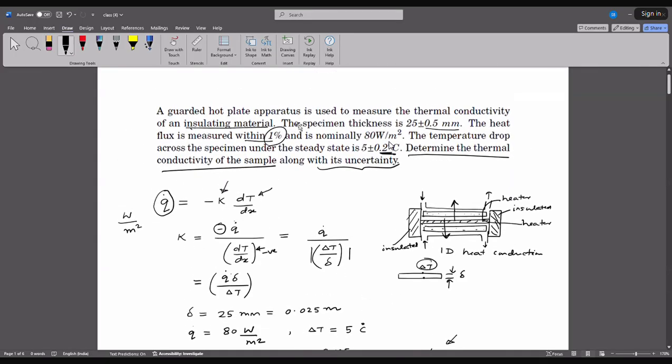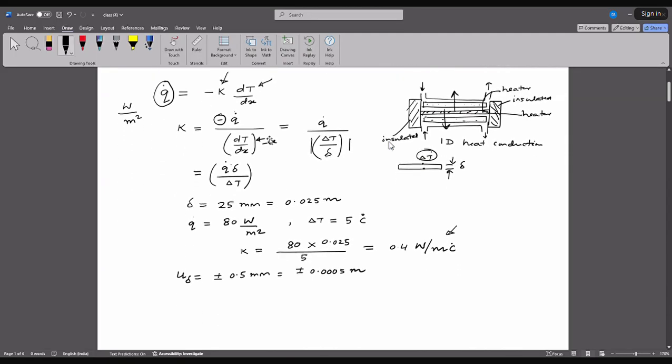Second, the heat flux is 1%. That is the uncertainty. So the uncertainty in the heat flux is plus minus 1% of 80, right? 1/100 into 80 watt per meter square.